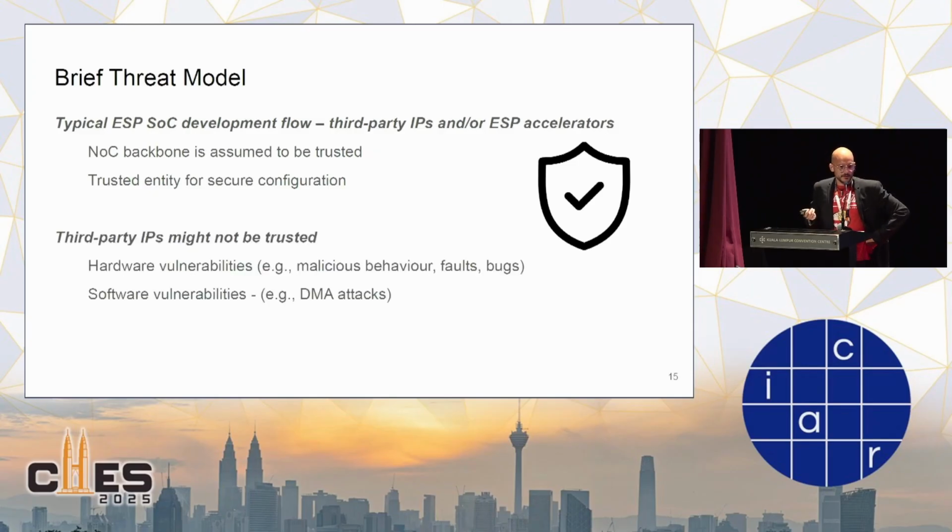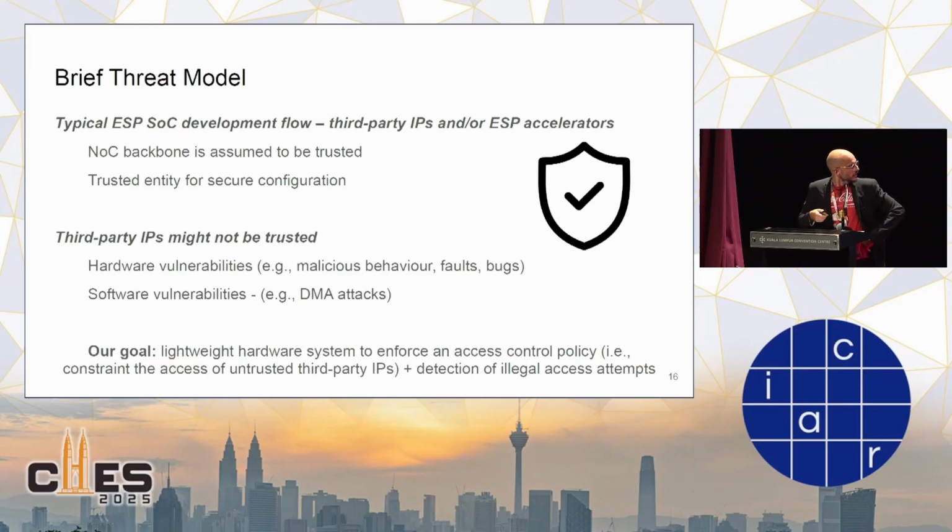What we are interested in is that the third-party IPs might not be trusted, so they can have malicious hardware parts, or they might even be taken over through software vulnerabilities and attempt to access memories that they are not supposed to. Our goal is to provide a lightweight system to enforce access control on the network on chip, detect illegal attempts, and eventually take corrective action.